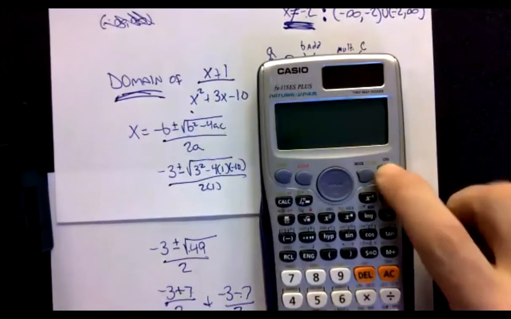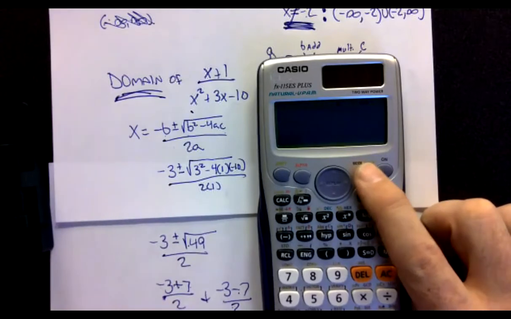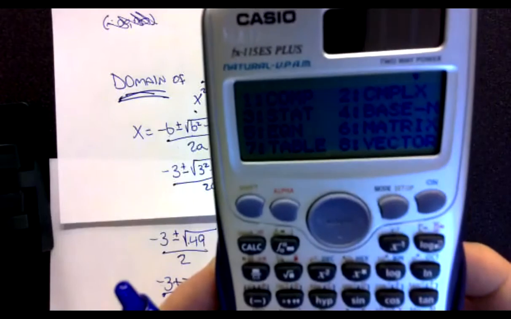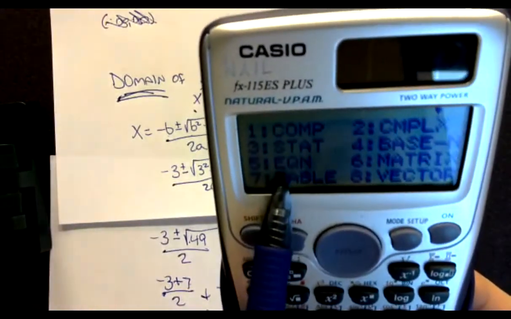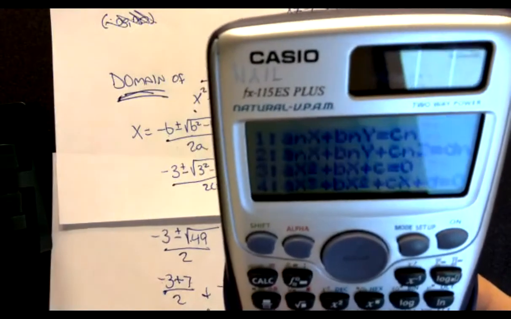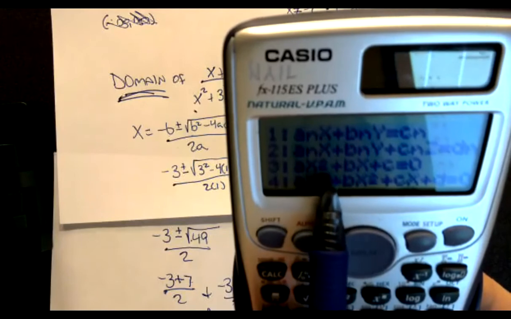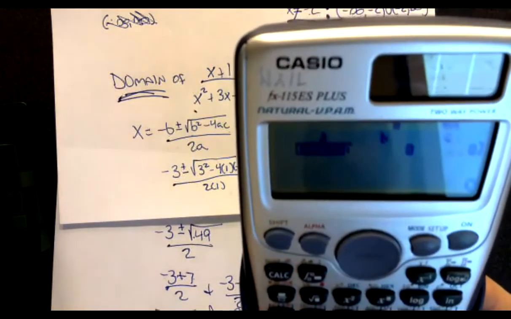On my calculator, I hit mode, which gives you a host of choices. We want to make sure we solve equations, so this would be choice 5. We want an x squared, so that would be choice 3. It gives you some zeros.